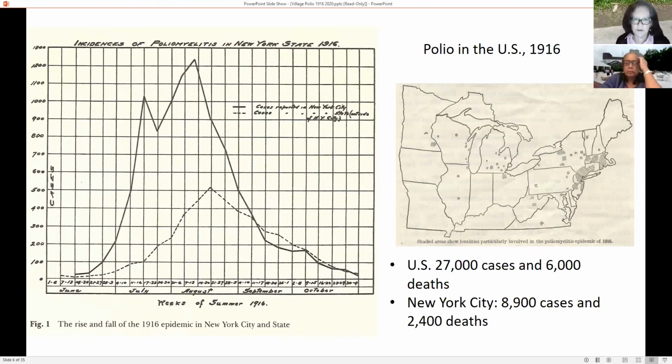It was, as you can see here, and this was true for much of polio's epidemic history, a summer disease. You started to see cases sometime in early June, and then it got rapidly worse. And then as the fall came, it gradually disappeared.